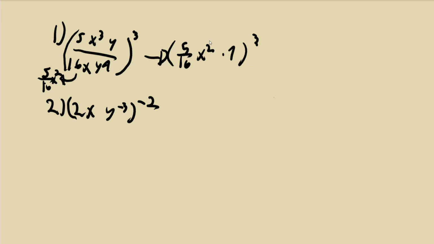Now, we have to distribute this exponent, so you have 1 to the power of 3, which is still 1, and then x, 3 times 2, which is x to the power of 6, times 1, and then here we have 5 over 16 to the power of 3.